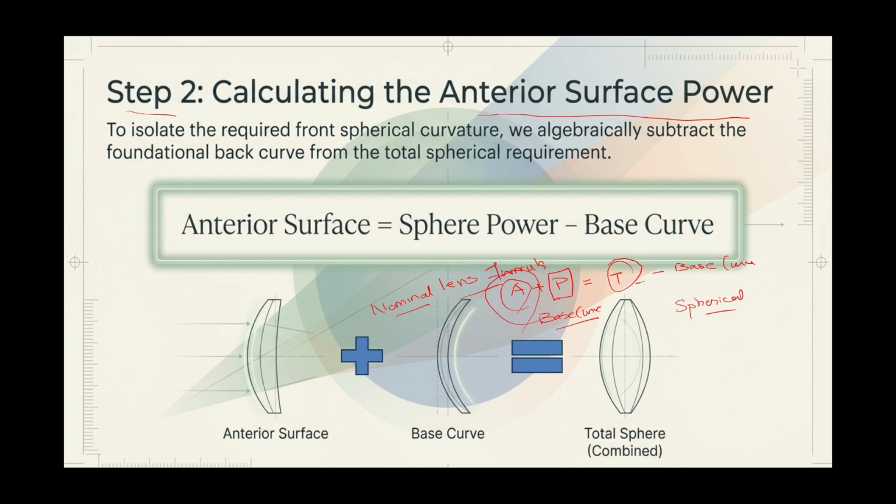So how do we do it? Anterior surface power is nothing but the total sphere, that is the prescription sphere, minus the base curve, and this is an algebraic subtraction. So this is how we do an anterior surface power calculation.